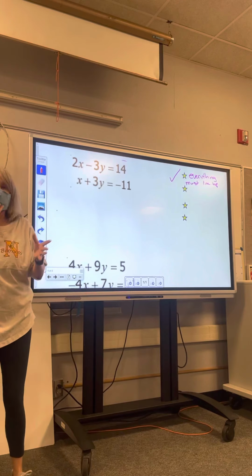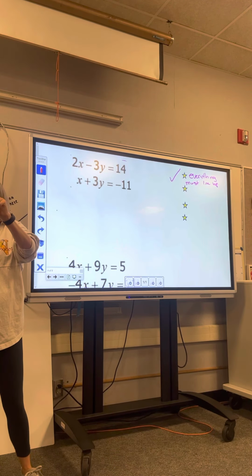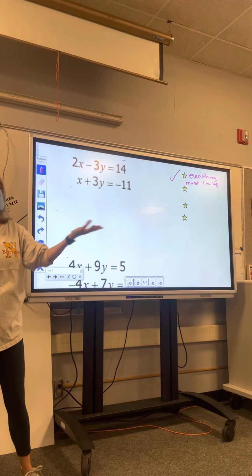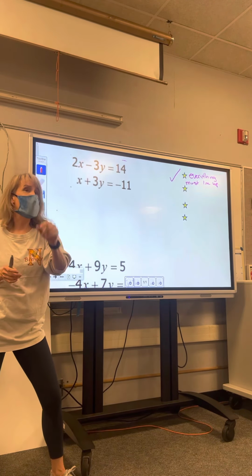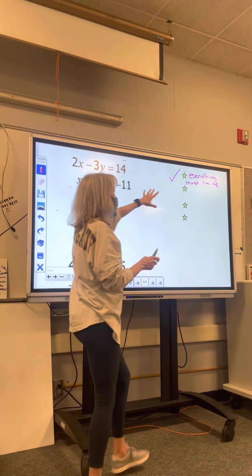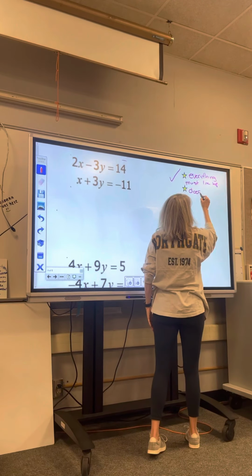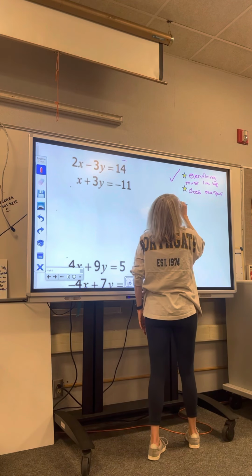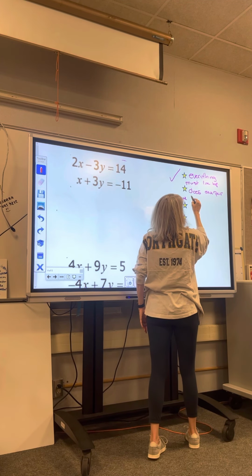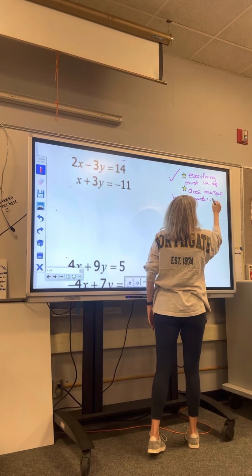The second thing that has to happen is where it gets a little weird. You have 2 variables, X's and Y's. On one set of them, just one set, and it doesn't matter which, X's or Y's, they must have the same coefficient in the front. So step 2 is, does one pair have the same number in front?